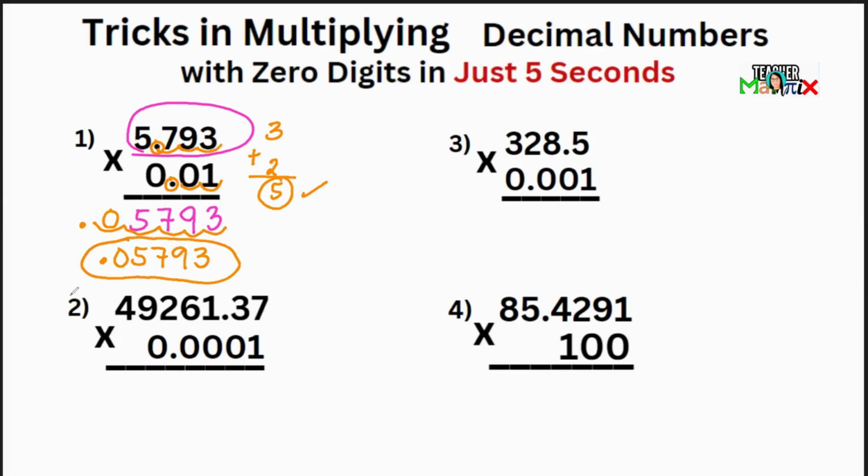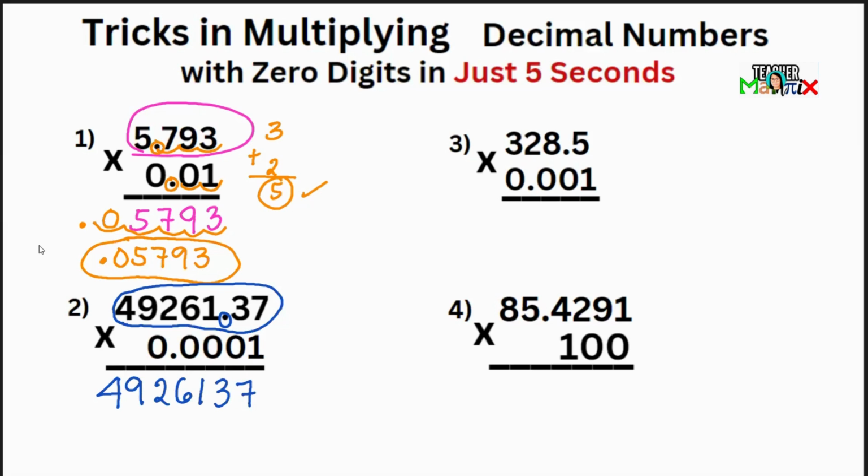Okay. Punta tayo sa number 2. Kopyahin uli itong given, except the dot, ha? Okay, except the dot. Huwag kopyahin yan. Okay. 4, 9, 2, 6, 1, 3, 7. Okay.